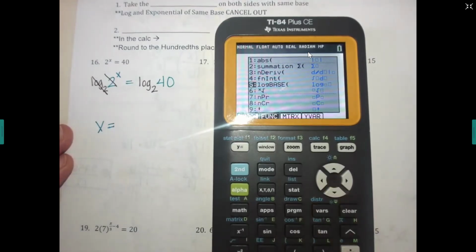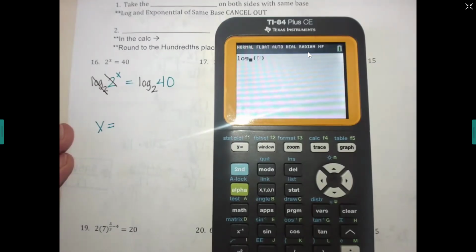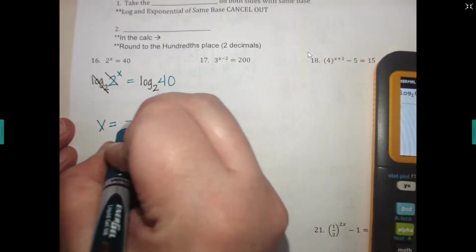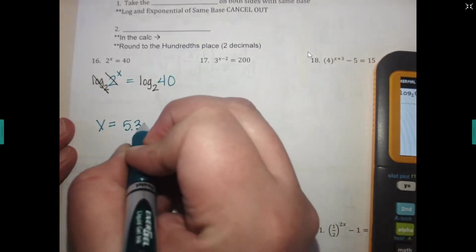Now, you might remember that I told you there's a log button. The problem with that button is that it's going to assume your base is a 10, and I need both of these boxes. So I can put the little 2 in the little box and the 40 in the other box. Then just type it in, that'll be your answer. So log little 2 of 40 gives me 5.32. That would be your answer. Alpha window.